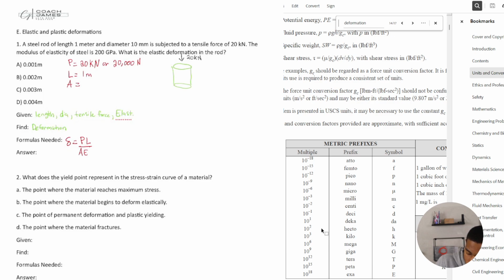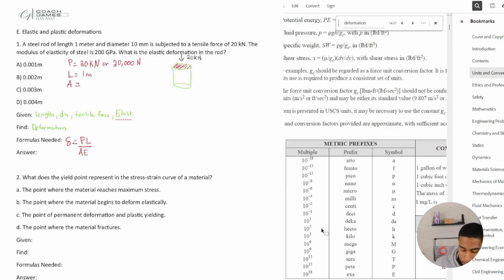But the area that we're trying to find is this area that's being loaded. They give us the diameter of that circle, but we need the area.